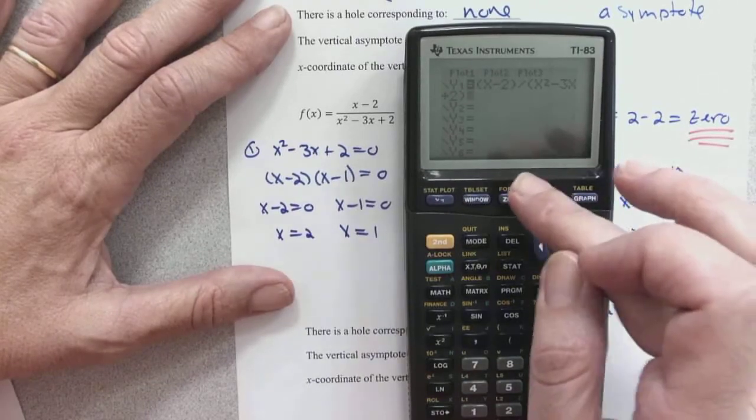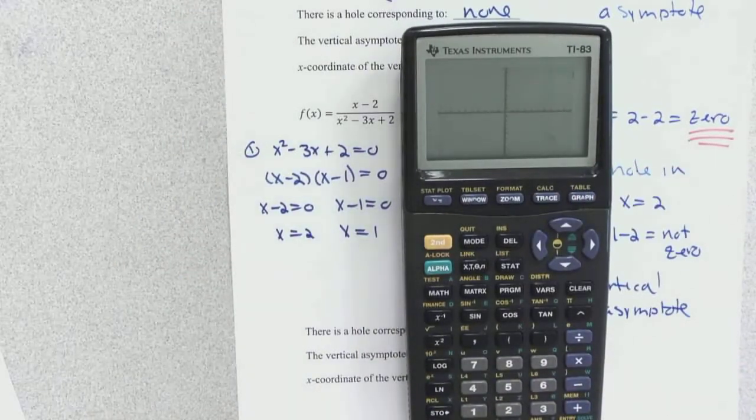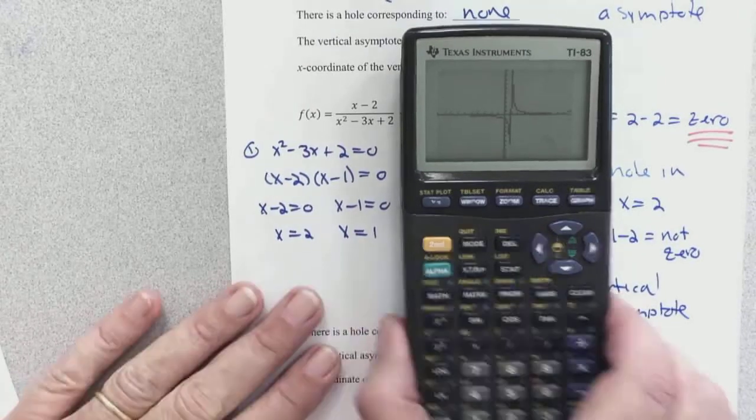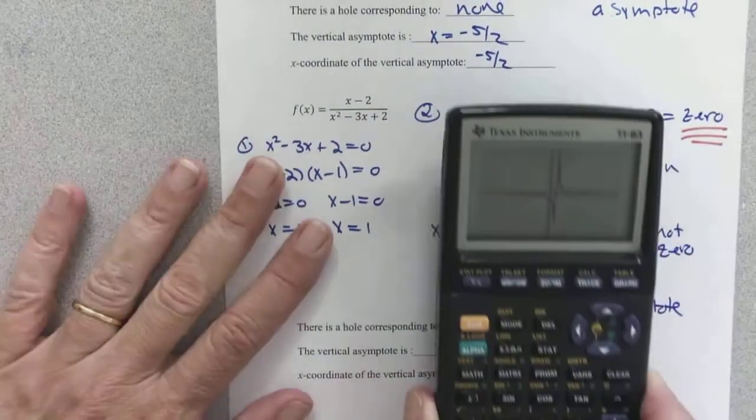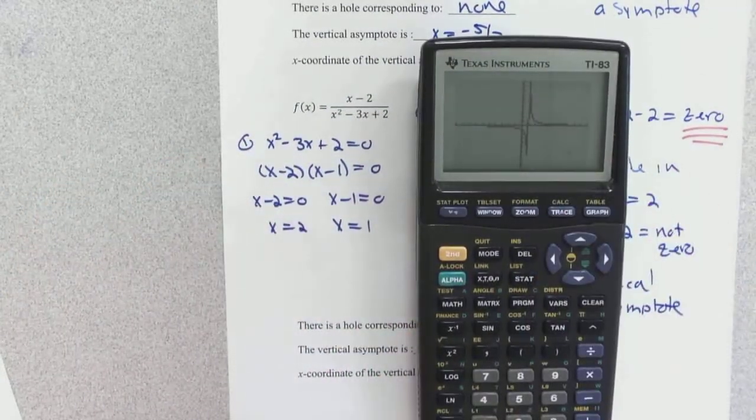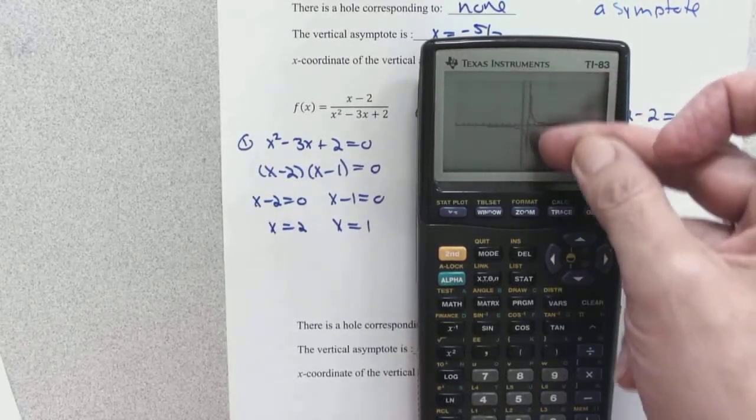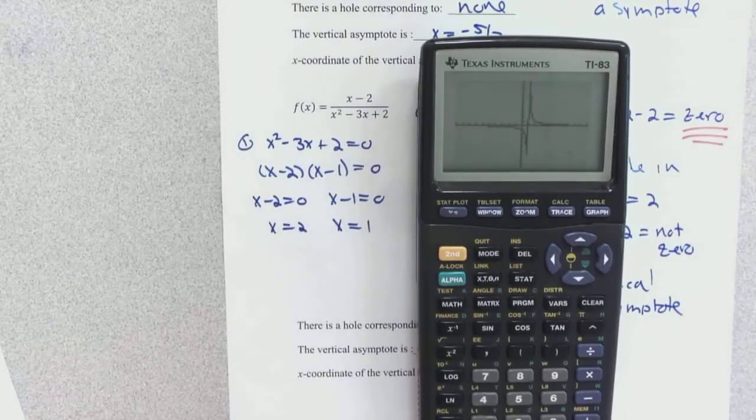And let's just look at the standard window to begin with. Okay, so we said that there'd be a vertical asymptote at 1. And it's not a great graph, but it sort of looks like we do maybe have a vertical asymptote. There seems to be some sort of vertical action going on here.